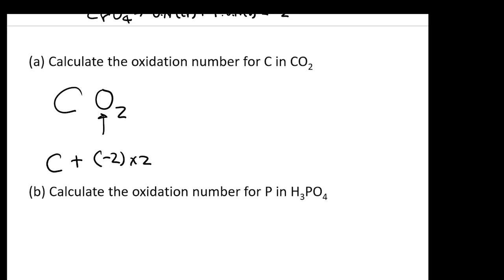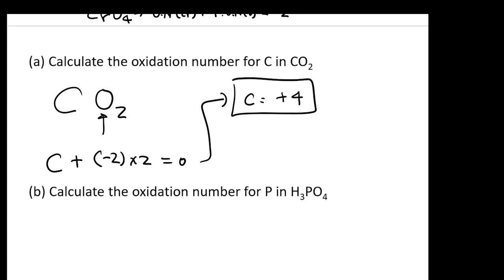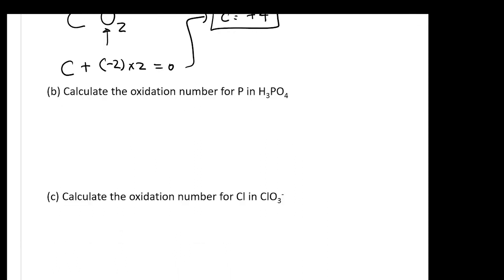So the oxidation number of your carbon plus 2 times -2 has to equal 0. Therefore, the oxidation number of your carbon will simply equal +4. So that's how you figure out the oxidation number of a specific atom inside a chemical formula. So let's do one more practice.